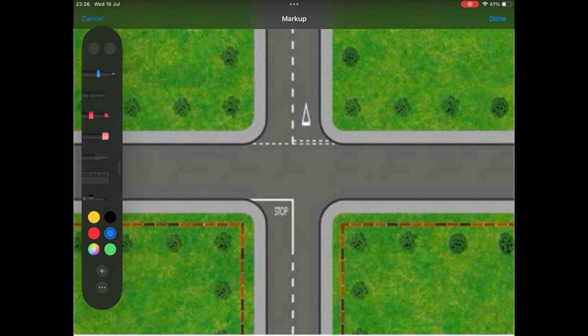If you look at this slide, you can see this is a cross junction. This is left, this is right, and this is straight. If you're turning left, you would start signaling from this point, which is about 6 to 7 car lengths.